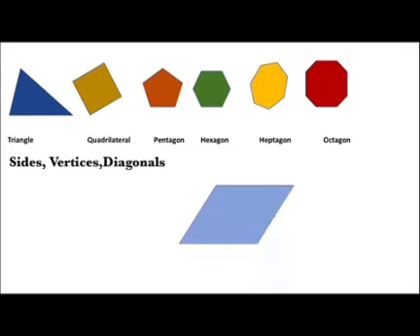Though it looks like a parallelogram, like I said, in geometry, unless there are some markings or measurements, we cannot take it for granted and call it a parallelogram or square. So I'm just calling it a quadrilateral. This quadrilateral has got 4 sides.